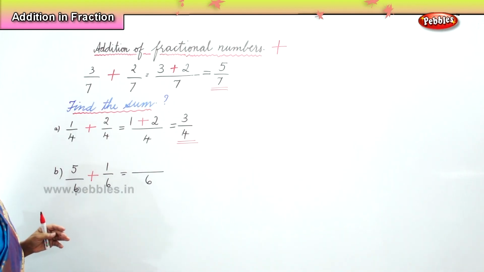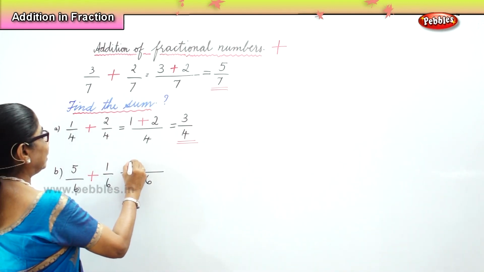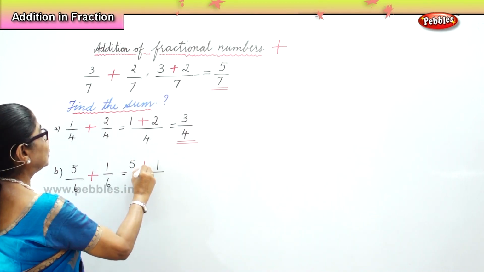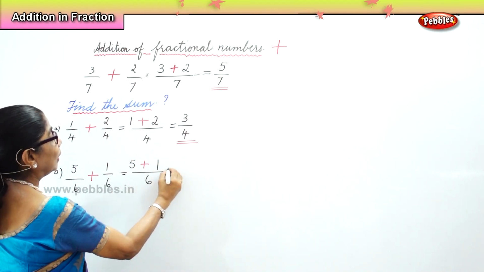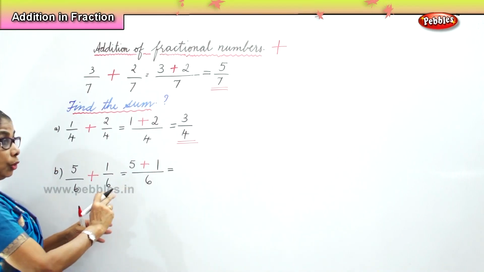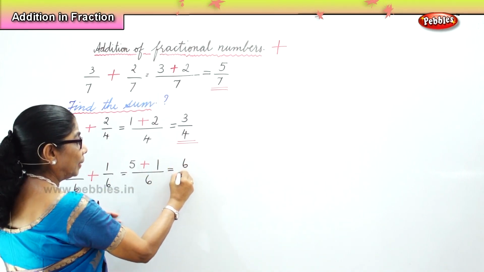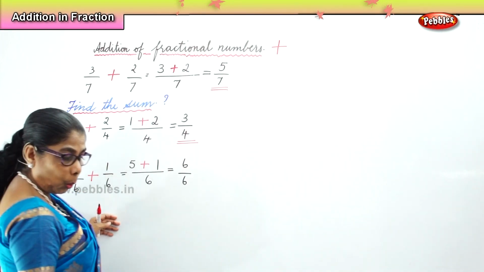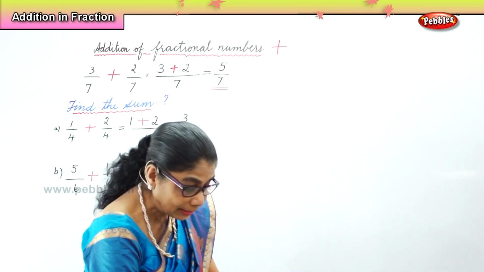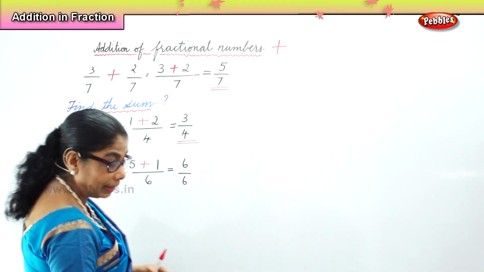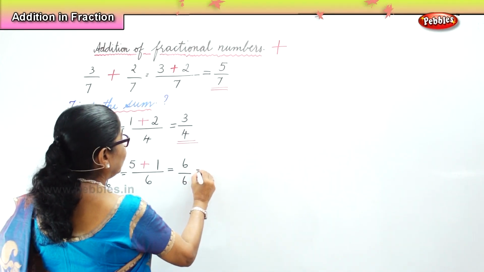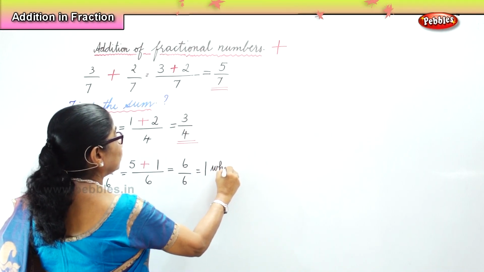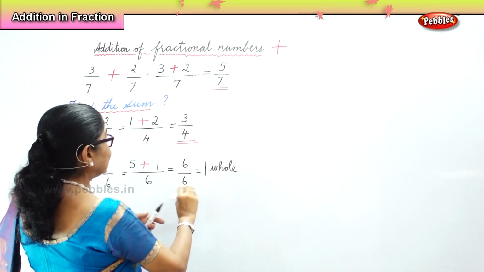And what did we say? We simply add the numerator, 5 plus 1. What is 5 plus 1? It is 6. Now, in this sum, you have 6 by 6. What is 6 by 6? That is 1 whole. You can also write it as 1 whole. This is your answer.